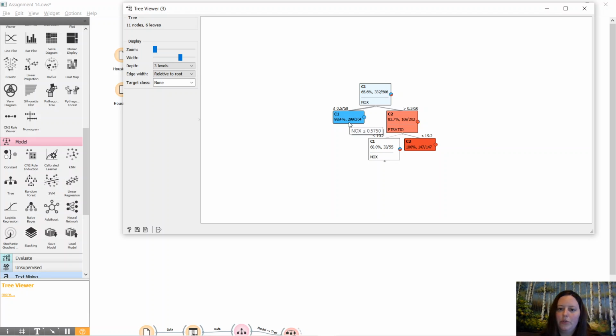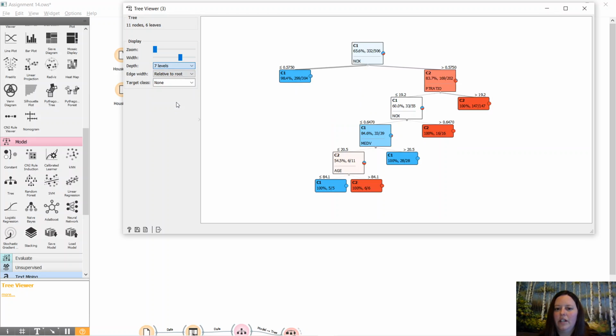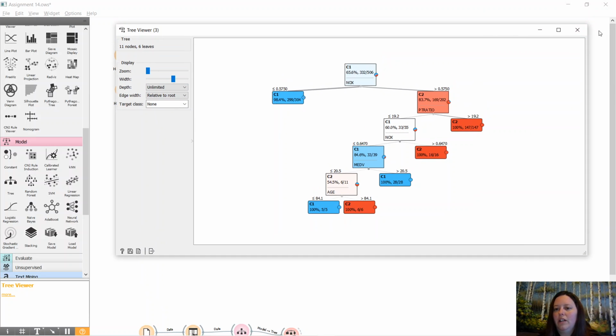And if it is low pollution, boom, we're already in category 1. If it's higher pollution, we're going to decide about the pupil to teacher ratio, and then we're going to go back to the pollution factor. And if that wasn't enough deciding factors, we still weren't sure, then we're going to go to the age of the home. So unlimited, stuck with the age of the home. So great way to look at a lot of information quickly.